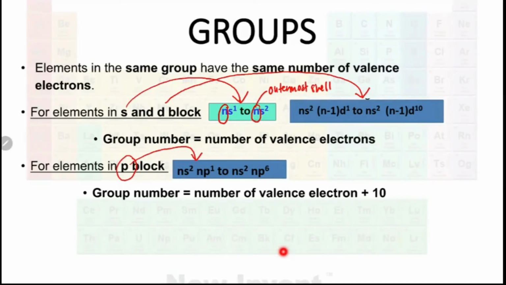The n here is the same, which is the outermost shell. So the number of valence electrons will determine the group.